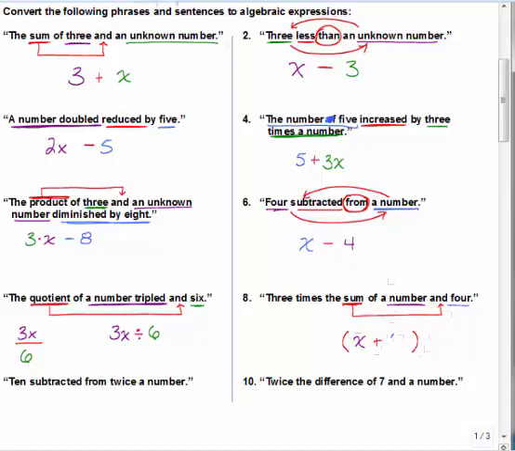So you can see right there where I got the sum of a number and 4. So anytime you use the setup word, it's usually understood to be in parentheses. And then I'm supposed to do 3 times that. So this one I had to read a little bit backwards because I had to take 3 times the entire sum. So this would be the first one that's a little trickier because we had to put the parentheses around it. 3 times the entire sum of x plus 4. 3 times the sum of a number and 4. That's really written the same thing.